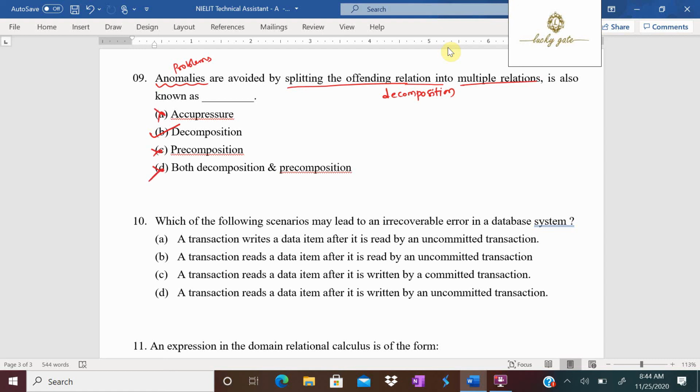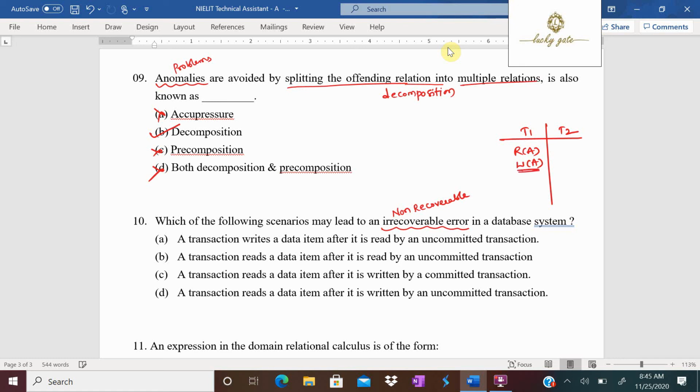Look at question number 10. Which of the following scenarios may lead to irrecoverable error? Irrecoverable means non-recoverable errors in a database system. When can you expect a non-recoverability case? Just have a small example. T1, T2, there are two transactions. Let us say transaction 1 performed a read and write operation on some data item.